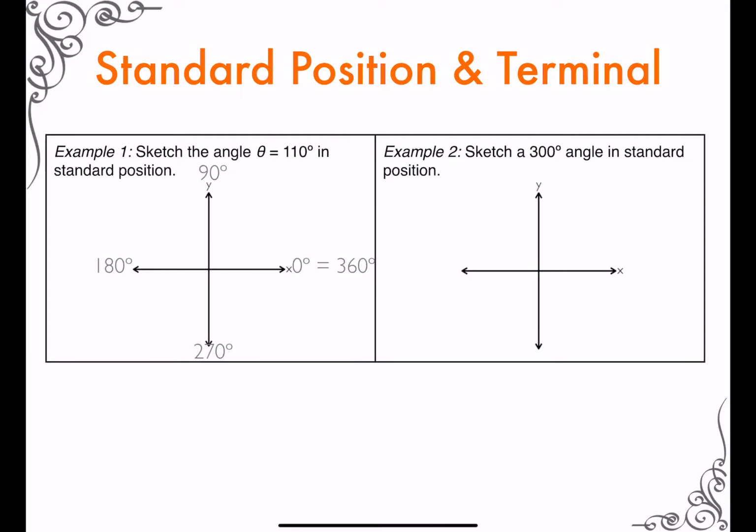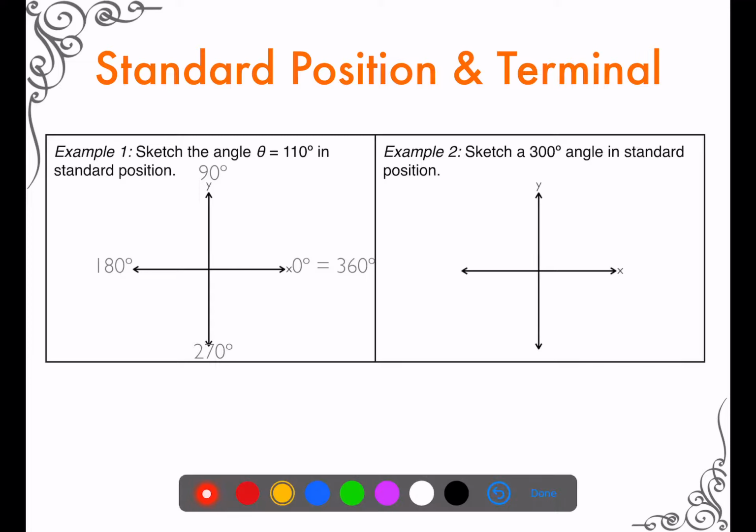Okay, so to start this out, what I would always suggest is that you go ahead and label those quadrantal angles as a guide. Starting on the positive x-axis, we have 0 and also 360. If we go all the way around, 90 appears at the top, 180 is the negative x-axis, and 270 is the negative y-axis.